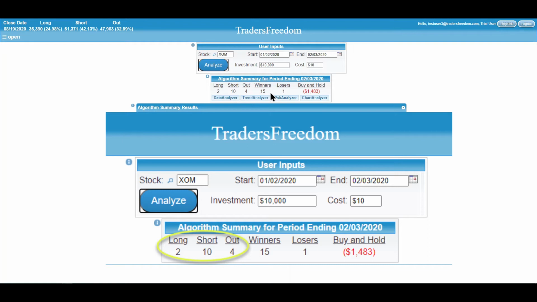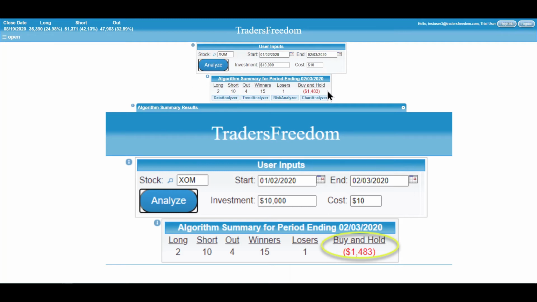In this case, with ExxonMobil, 15 of 16 algorithms actually made money during the period. And third, how you would have done if you had just taken that same amount of money and bought and held ExxonMobil instead of following any of Freedom's algorithm signals through the period you chose. In this instance, that buy and hold value is almost a loss of $1,500, or 15% of your original investment size in a month.